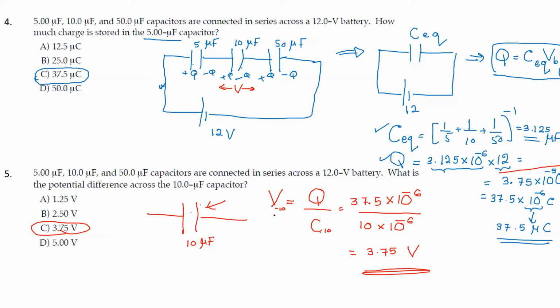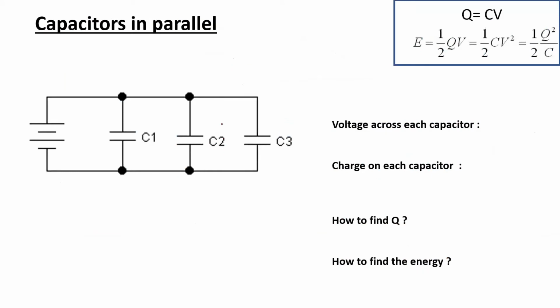Okay. So this is fine. Now let's move to the next one. So now we are moving to parallel circuits. I have the same questions as the previous case. I have changed the order so that it makes more sense.